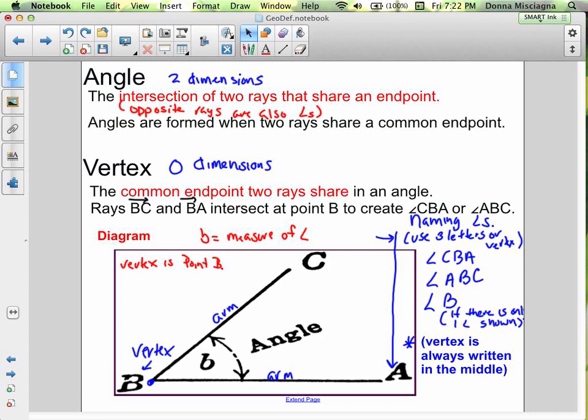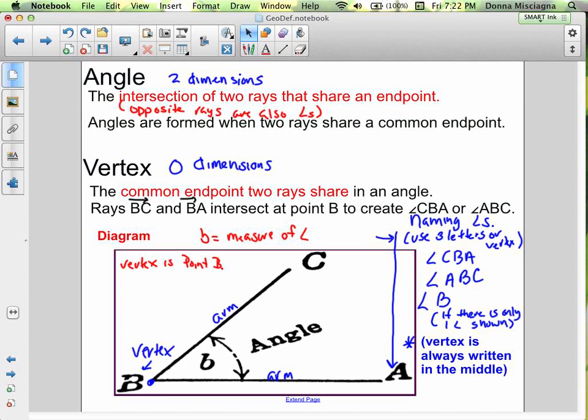So if it would be confusing, if I named it with 1 point, then don't do that. So here there's only one angle B. But what if I had 4 angles and they were all meeting at angle B? Well, then I don't know which angle we're talking about. So in that case, we want to use 3 letters.